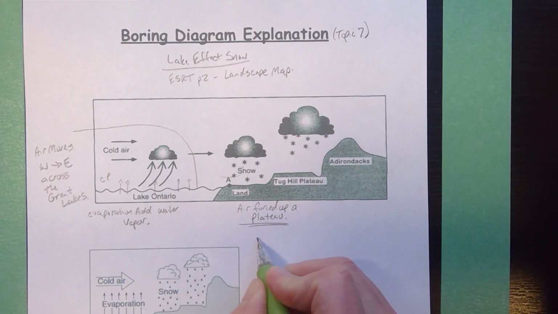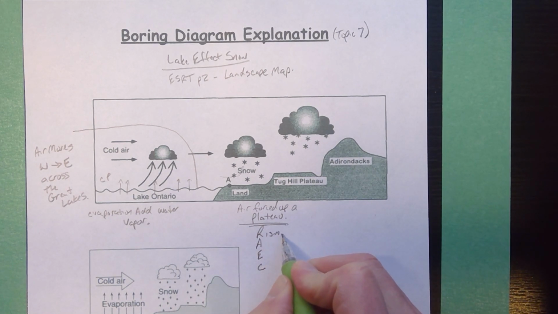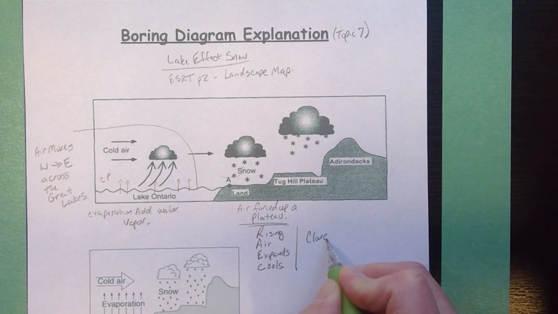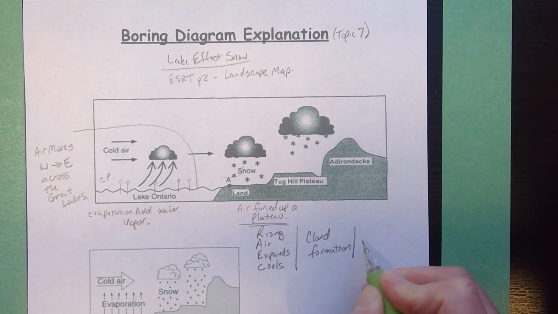When the air gets forced up the plateau, we've talked about RAC before, rising air expands and cools. That leads to cloud formation and then snow. So you can get very localized, rapid snowstorms because of this lake effect.